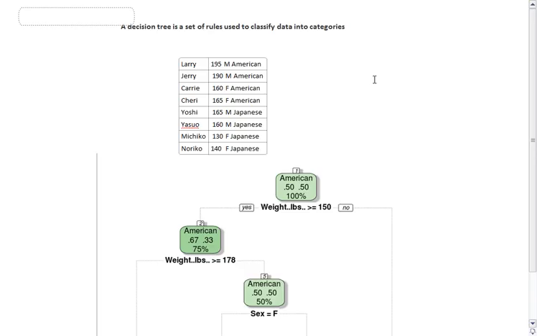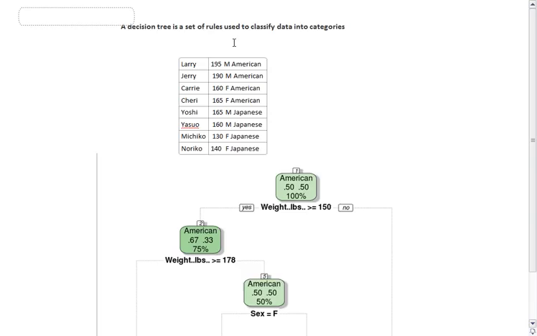Let's take an example. This is the data set where we have the names, their weights, their sex, male or female, and whether the person is from America or Japan. So this is like American, Japanese.